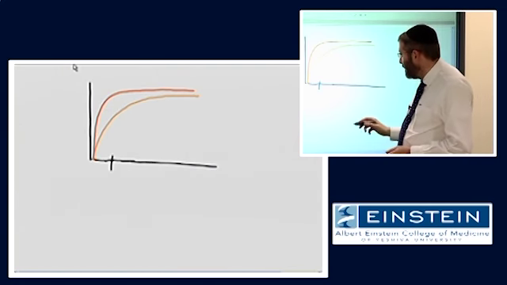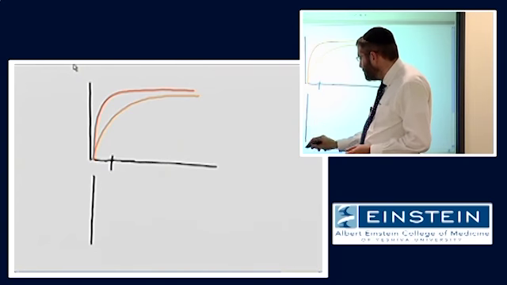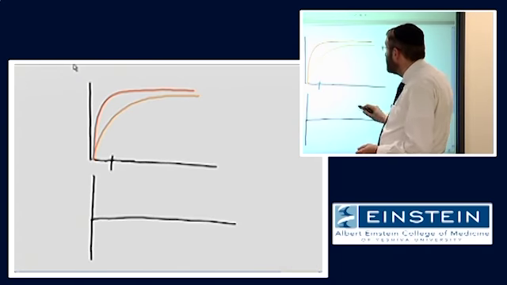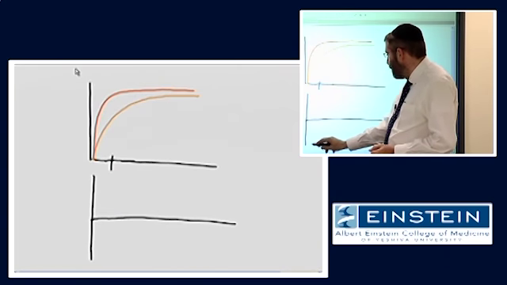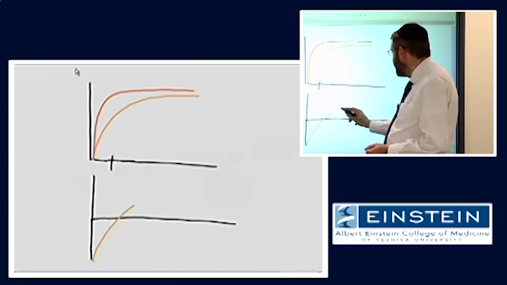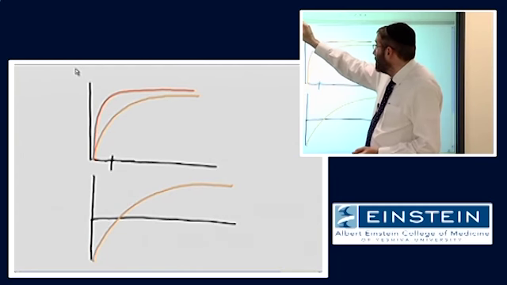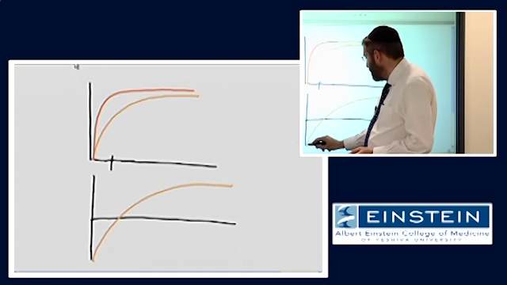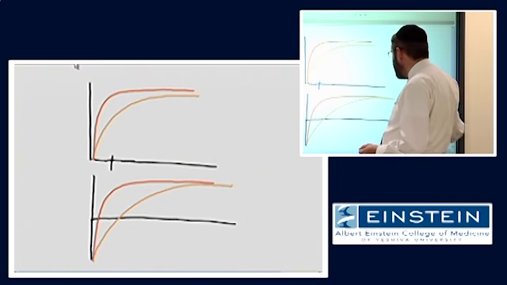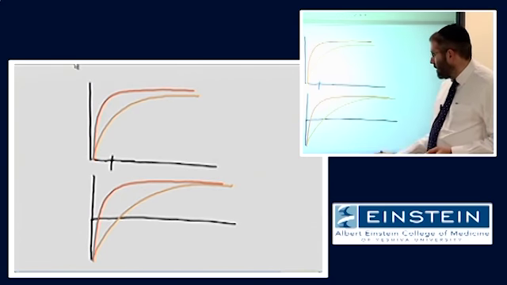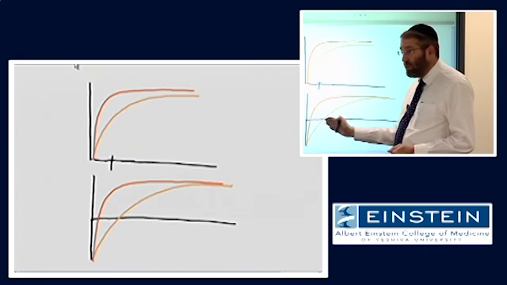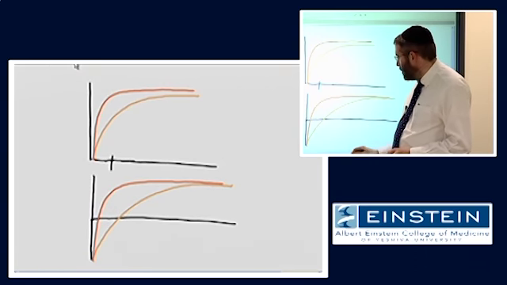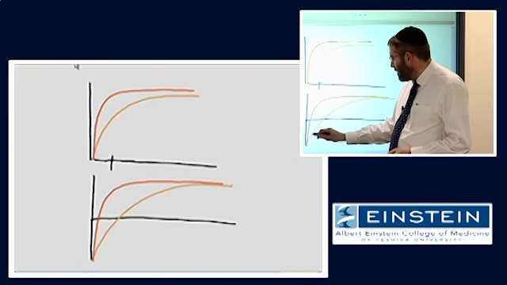Okay? If instead we start with inversion recovery, right? So this is our starting point. At some point along here, we're going to give our 90-degree RF pulse, which we might choose somewhere around early on.